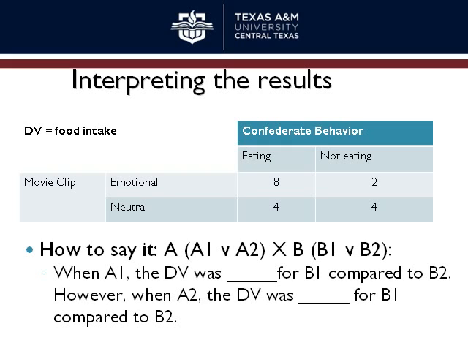So when A1, watching an emotional clip, so that's our upper left quadrant. So we're calling movie clip A, Confederate behavior B. So when A1, start with emotional, when watching an emotional clip, participants' food intake, again, that's the dependent variable, was greater if the Confederate had a snack, B1, than if a Confederate did not have a snack, B2.